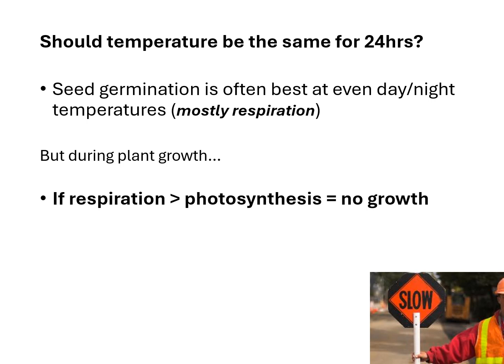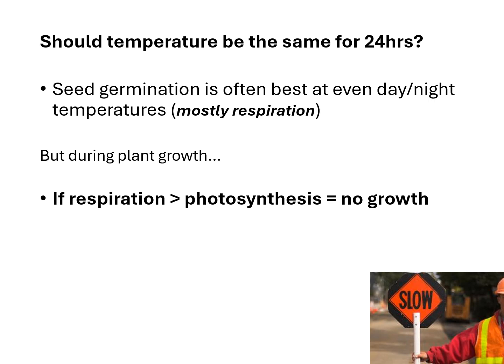But during plant growth, typically we don't want respiration to exceed photosynthesis, or we're not going to grow much. I like to use the example of putting money in the bank. If our photosynthesis is only putting $20 in the bank and we're spending $20 every day, you're not going to build up any savings.